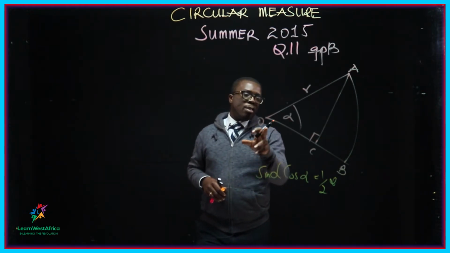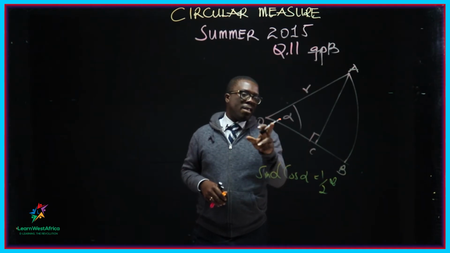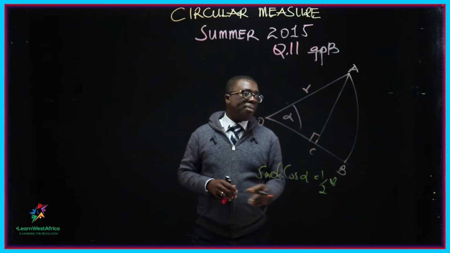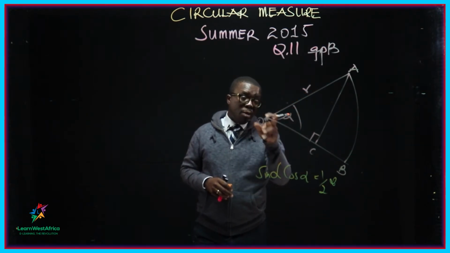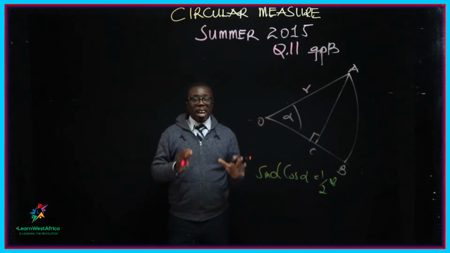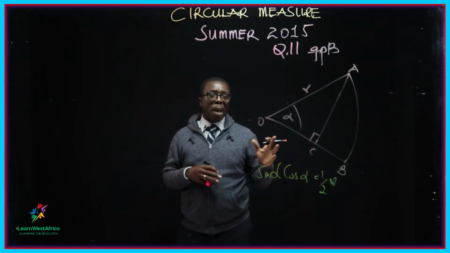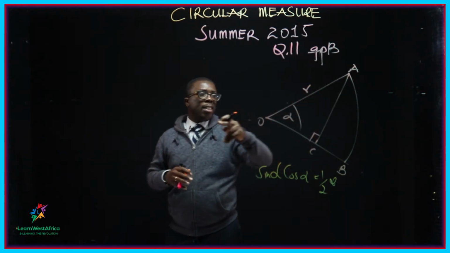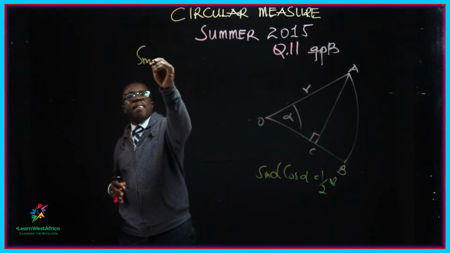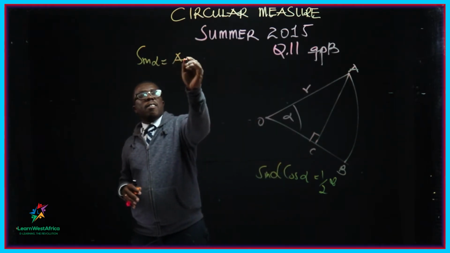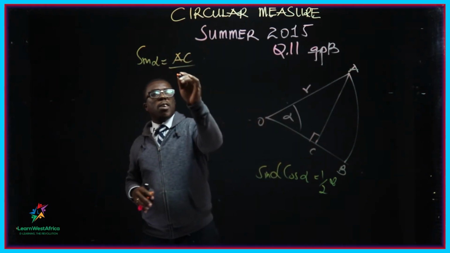We know that this part is OC, and that is OB, which is R, and this is our reference angle. From basic SOHCAHTOA trig ratios, a sine of an angle is opposite over hypotenuse. So sine alpha is going to give us the opposite side, which is AC, all over hypotenuse R.